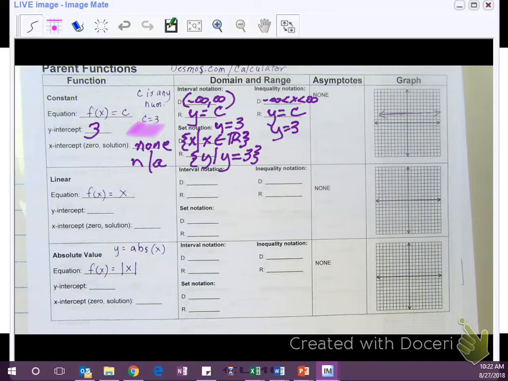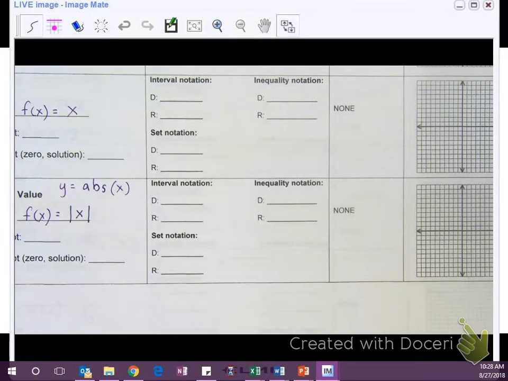So the function f of x equals x. That's your diagonal line through the origin. That's what you should have graphed. So where does this intercept the y-axis? 0. And where does it intercept the x-axis? 0.